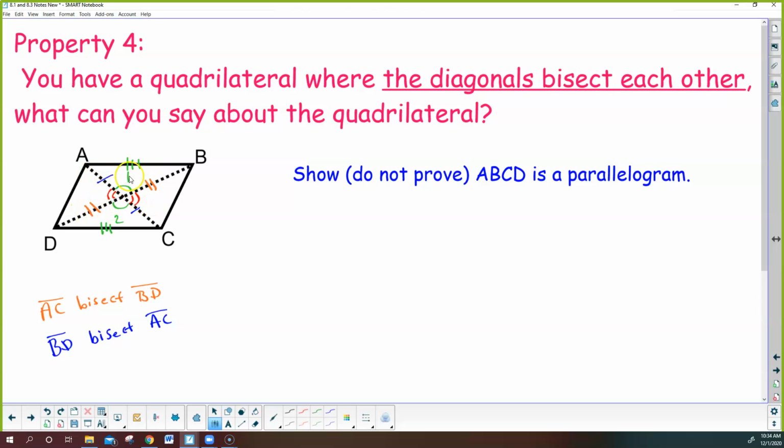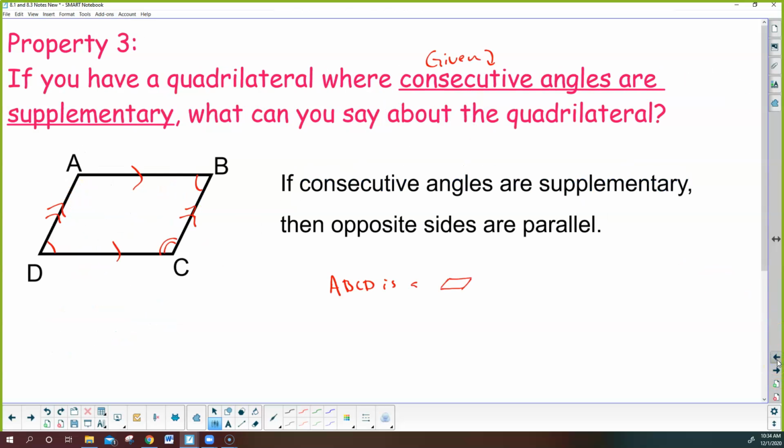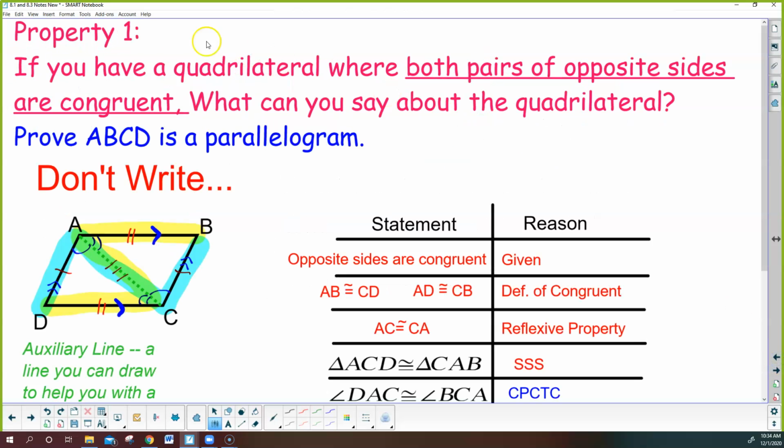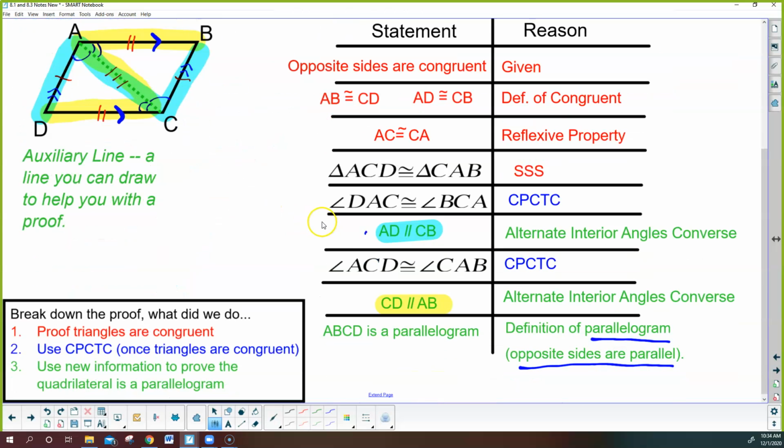The top triangles are congruent by side, angle, side as well. Then all of a sudden I could use CPCTC and prove that opposite sides are congruent. And if opposite sides are congruent, wasn't that just the property we had right here? If both pairs of opposite sides are congruent, then our conclusion was ABCD is a parallelogram.